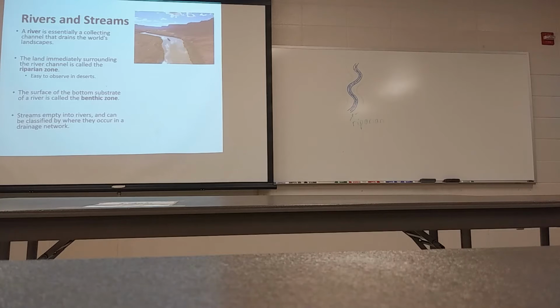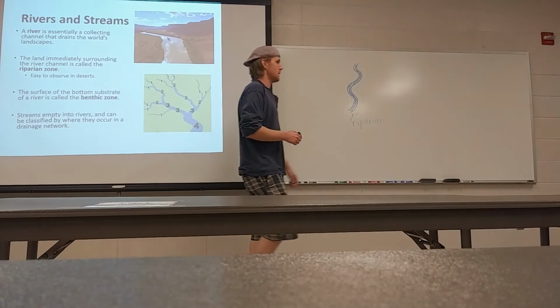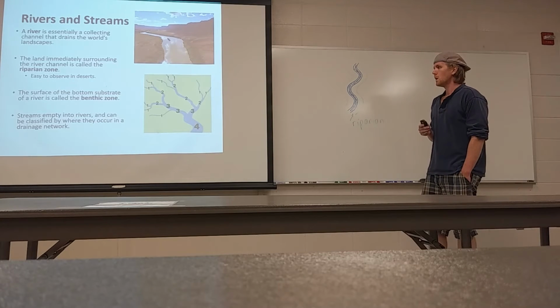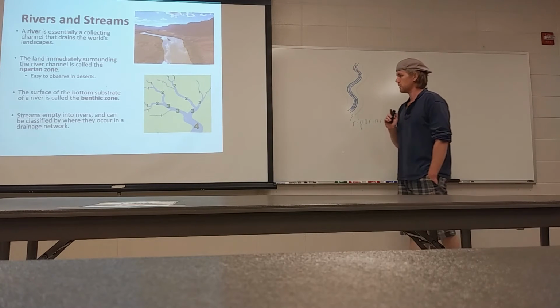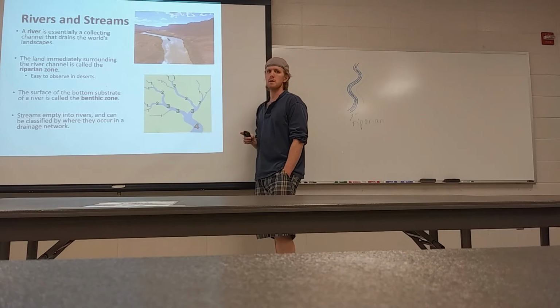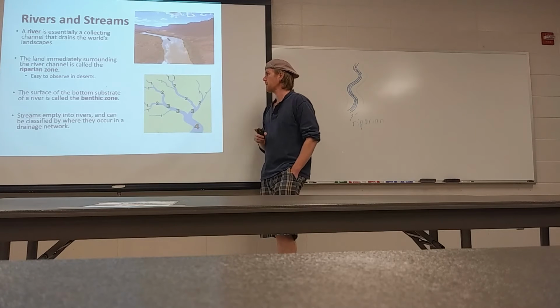What's the difference between a stream and a river? Ultimately, it's really just how big is it. Streams are small, rivers are larger. That's the general idea. Creek and stream are pretty interchangeable. Here's a picture with some numbers associated with a system of streams and what looks like ultimately a river.